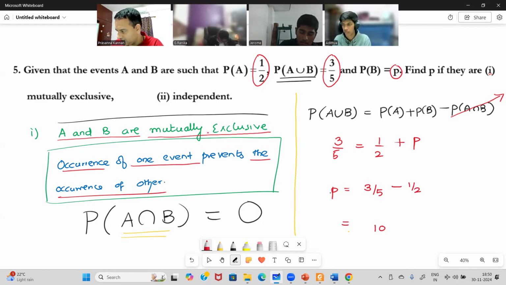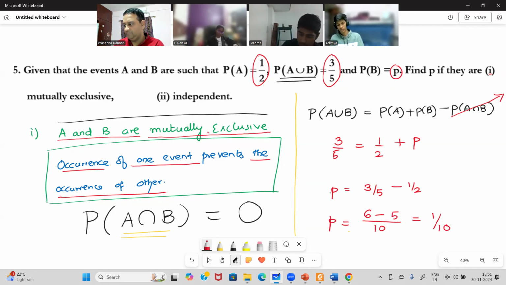If you take LCM, it's 10. So 3 into 2, 6. 1 into 5, 5. So what is the answer for P of B, Jerome? 1 by 10, sir. Yes. Is it clear, Ranika? Yes, sir. Aditya?